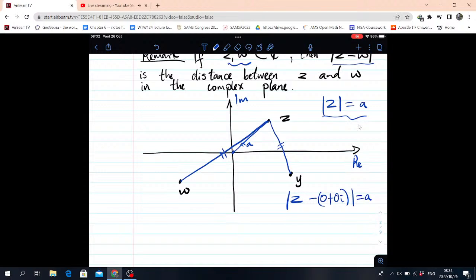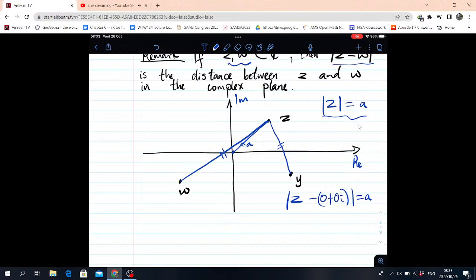This should help us. I had done one example yesterday, but we'll look at a couple more examples to see how we can sketch some regions that are restricted in terms of complex numbers in the Argand diagram.